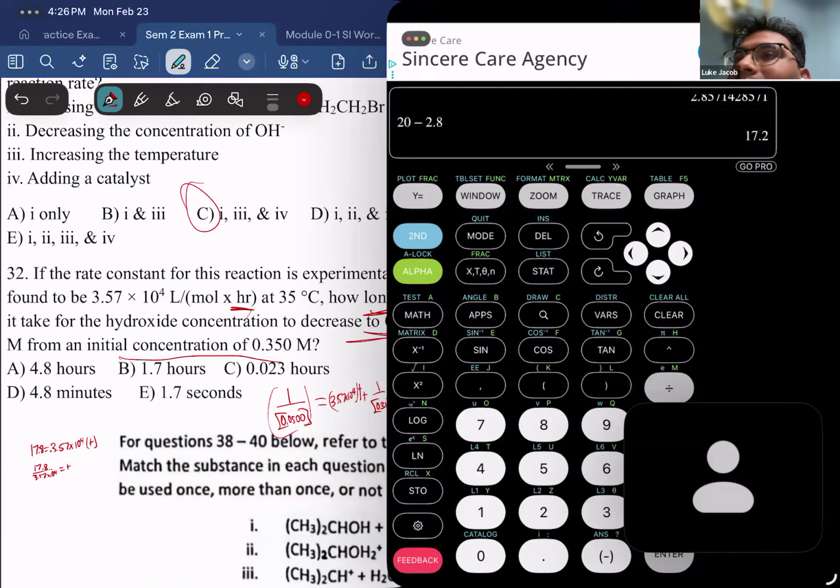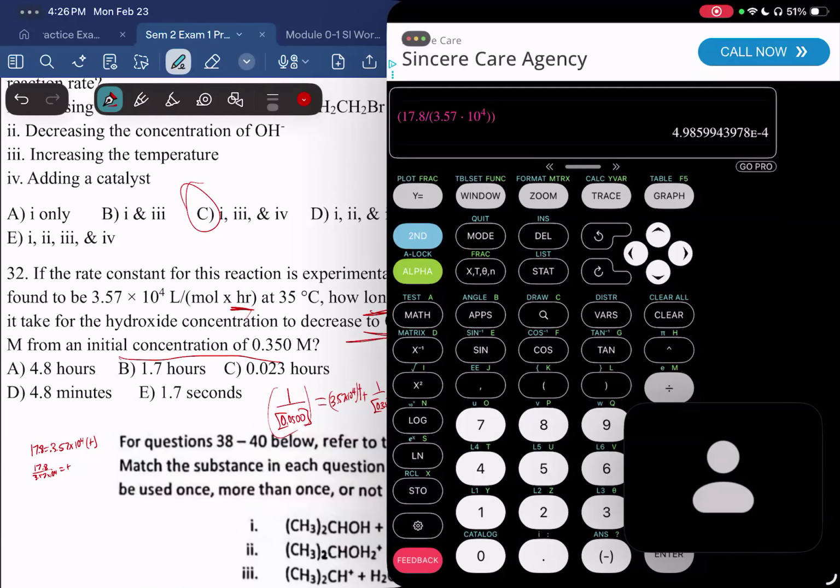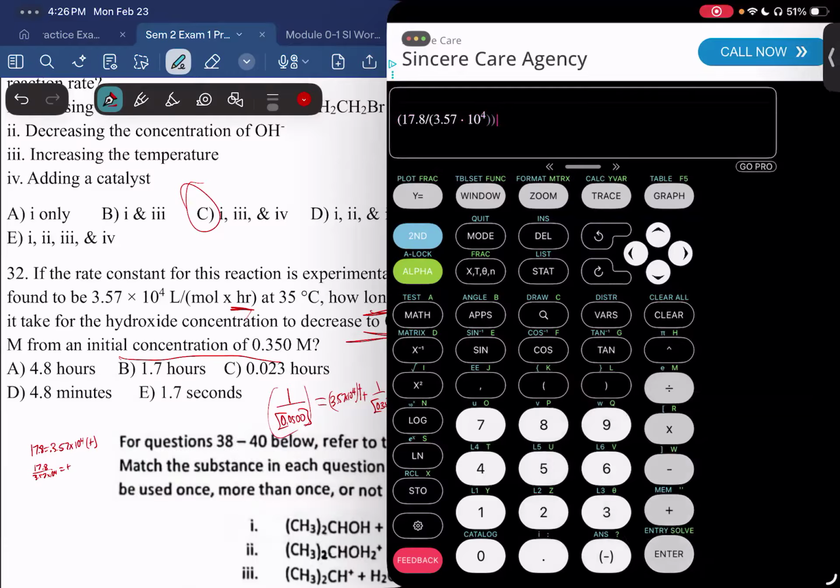Yeah, it would be 17.8, exactly. See, those are little things that you wouldn't have recognized on the exam, but it was close enough. Okay, so that's 4.8.